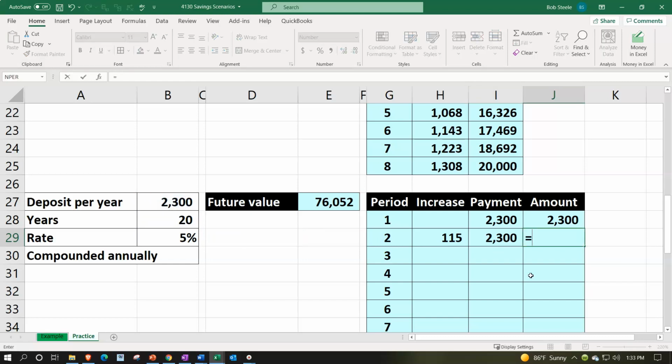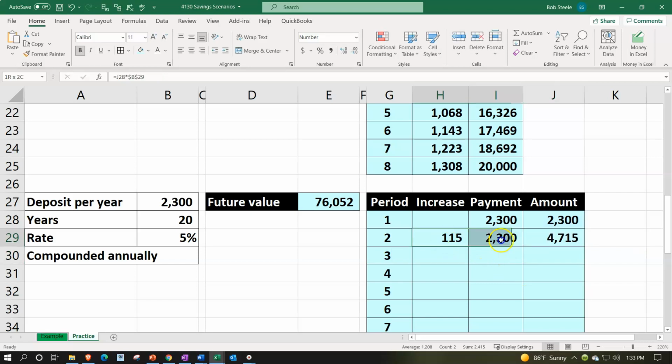Once again, this equals the prior balance, the 2,300 plus the SUM: shift 9, left arrow, holding down shift, left again, shift 0, adding the 2,300 plus the 115 plus the 2,300. None of that needs absolute references because they're all inside the same table and they all need to be moving down relative to the cell that I'm copying down.